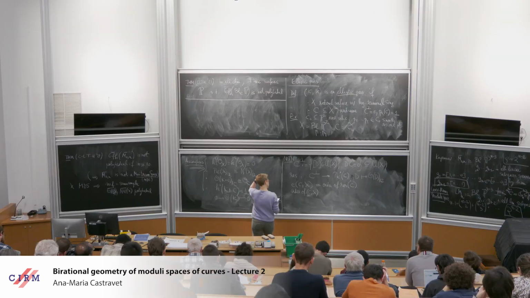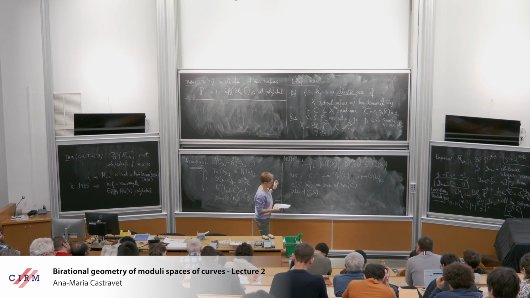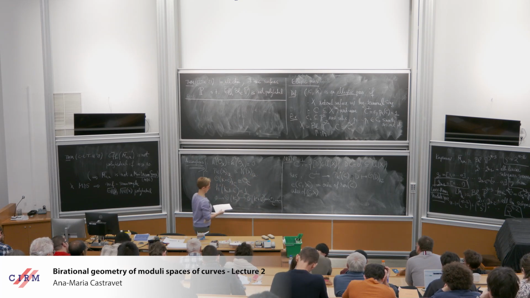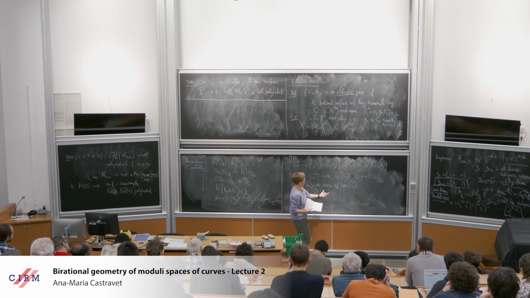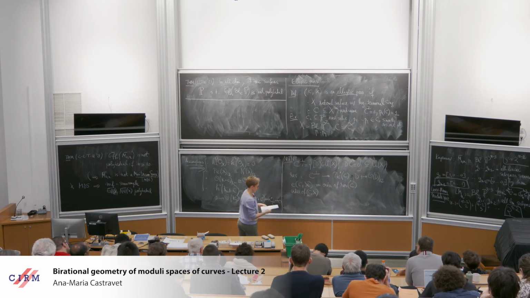Okay, and so a remark here: if C and X are defined over a field that's not necessarily algebraically closed, the restriction of C, this line bundle, is also defined over the same field.